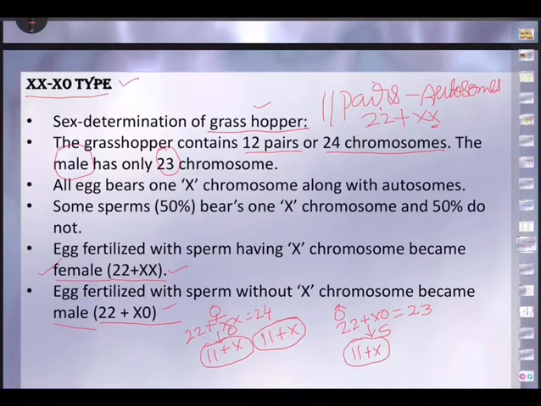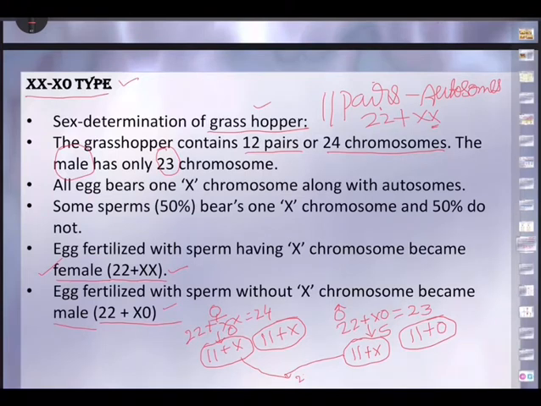When spermatogenesis takes place, one sperm will have 11 autosomes, because of 50% in meiosis, plus the X chromosome. So this is the combination of chromosomes in one sperm. In another one, out of the 22, again 50%, 11, but this sperm is unfortunate, it has 0 sex chromosome. So you get two types of sperms.